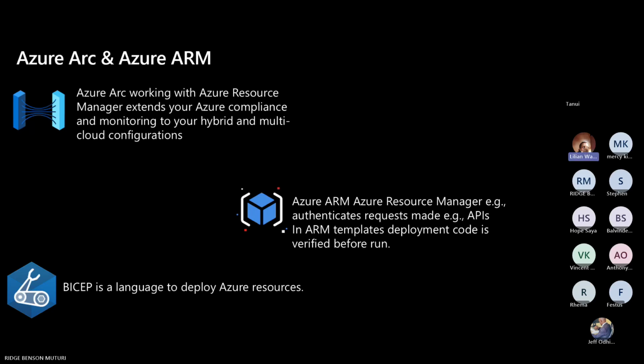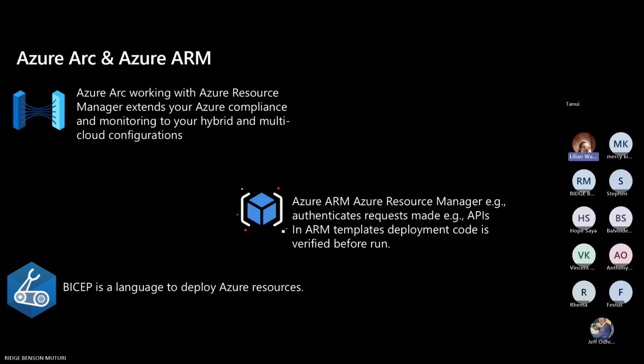Azure Arc and Azure ARM are tools to manage the resources you have in Azure. You can check them out in the portal and you'll see them stated there. Azure Arc checks your hybrid and multi-cloud configurations, how you've set them, maybe the policies you've given them.